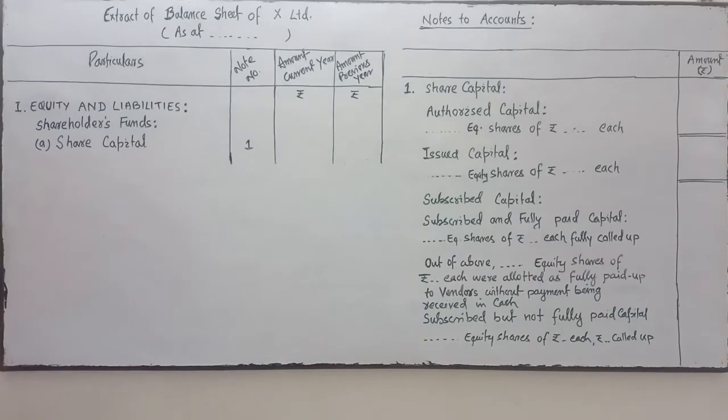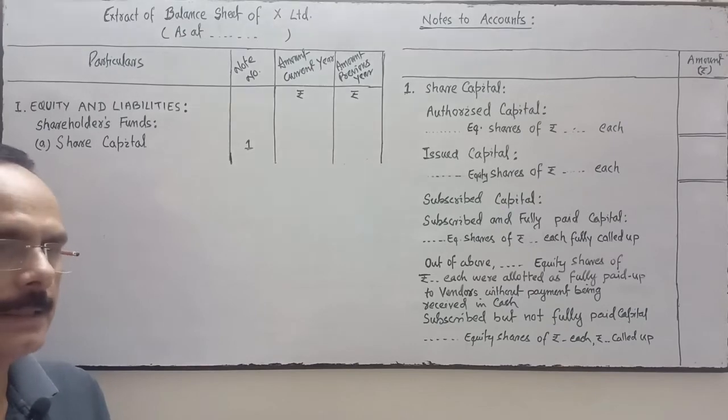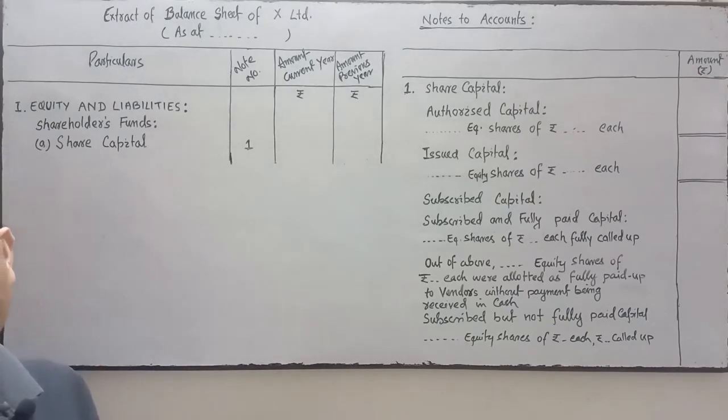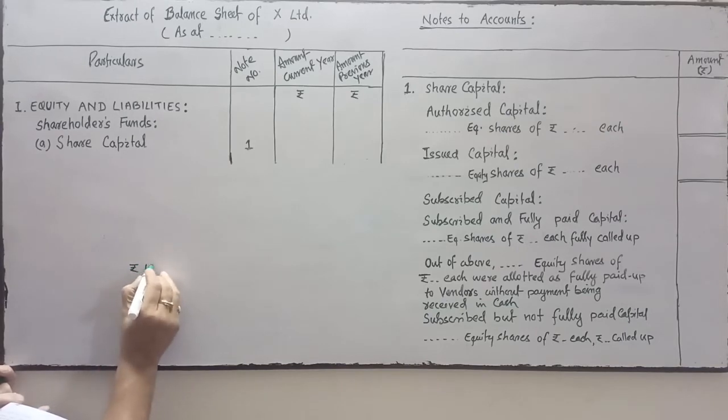When it says X Limited was formed with a capital of 15 lakhs, it means they are talking about the authorized capital.